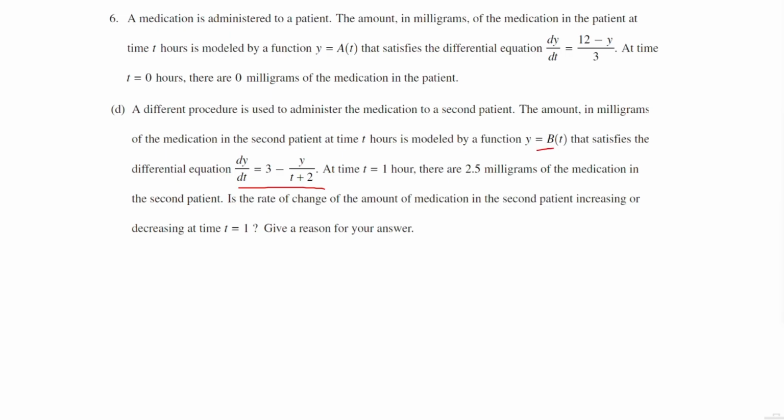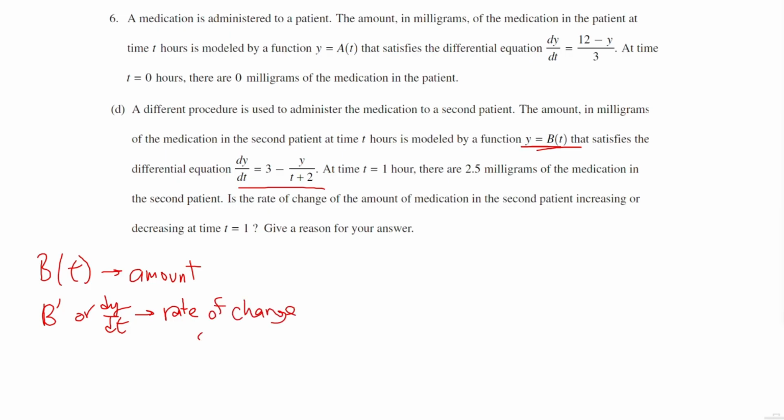So if b of t represents the amount, then dy dt, or b prime, represents the rate of change of the amount. Well, what we want to know is not is the amount of the medication increasing or decreasing, but is the rate of change of the amount of the medication increasing or decreasing.